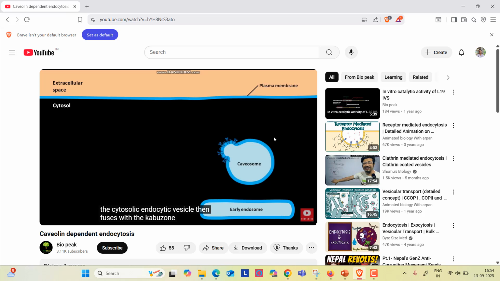This endocytic vesicle fuses with the caveosome, and the molecules present in the endocytic vesicles are internalized into the caveosome.